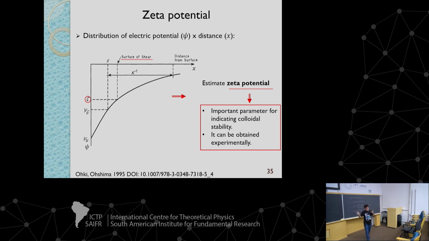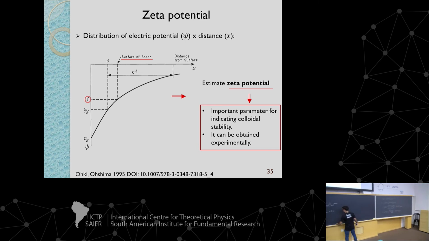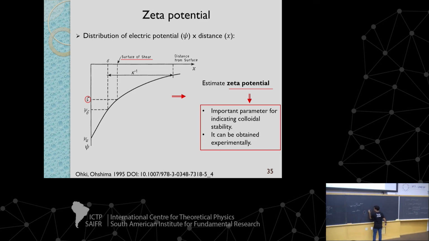Because when we do an electrophoretic experiment, we apply an electric field to the solution, so that, for example, let's say that we have negatively charged particles, and when we apply that electric field, we get movement of these particles.